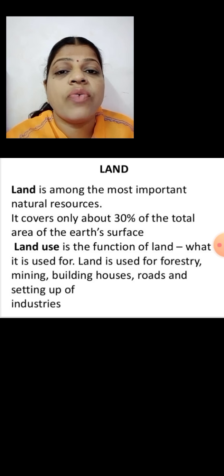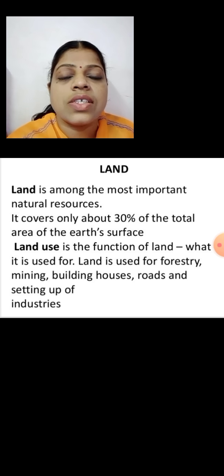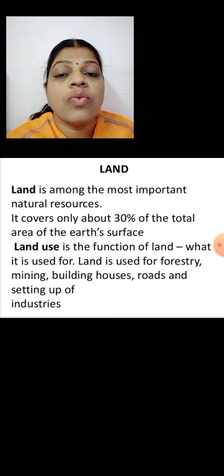And if we discuss the first factor, the land, we know that it is the most important natural resource, isn't it? Yes, because if land was not there, we cannot even think of our sustenance in this world. The land provides all the facilities for us.